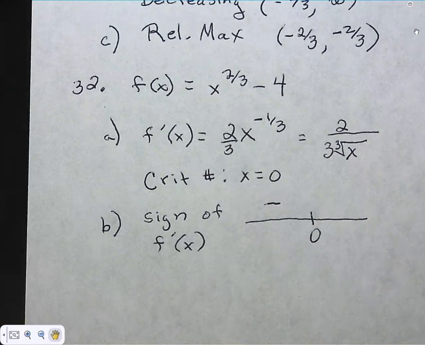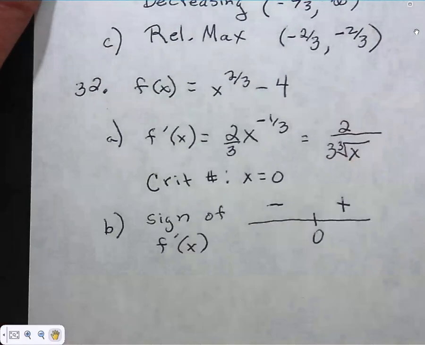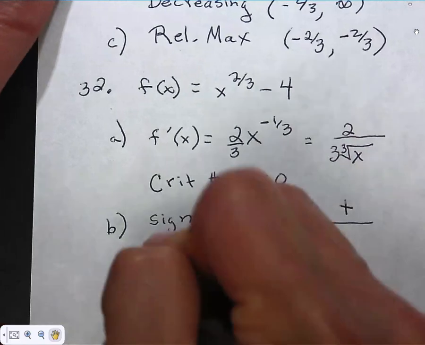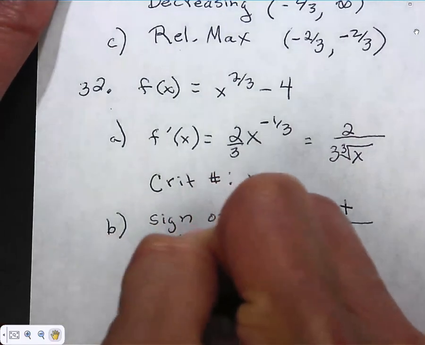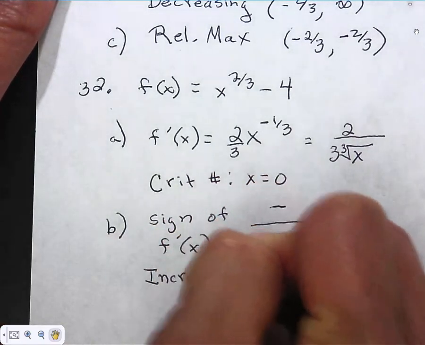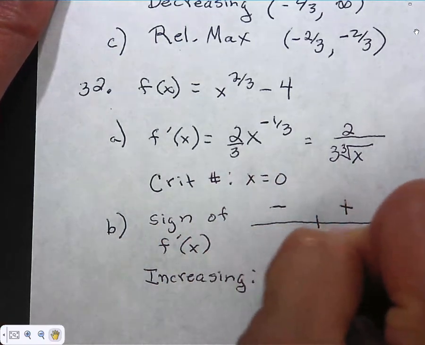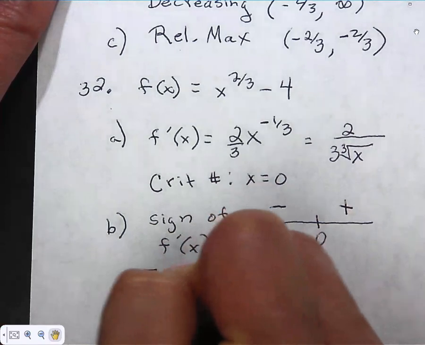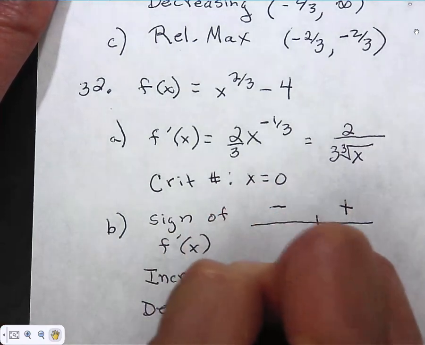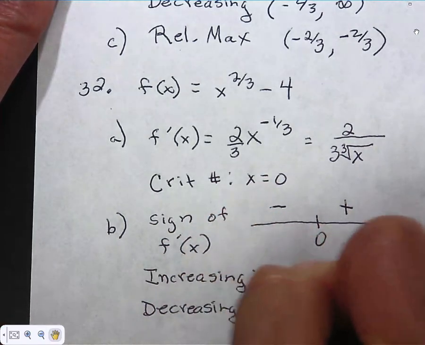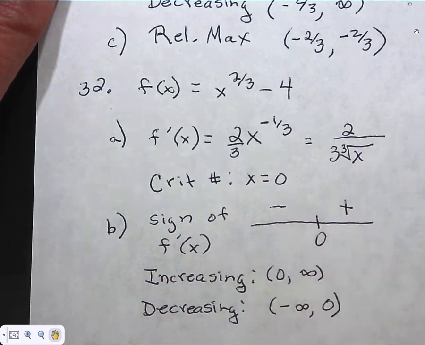If we plug in a positive x, do we get a positive or a negative? Positive. And so what are the increasing intervals for that function? 0 to infinity. And what are the decreasing intervals? Negative infinity to 0.